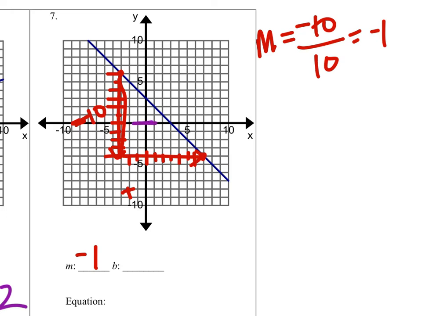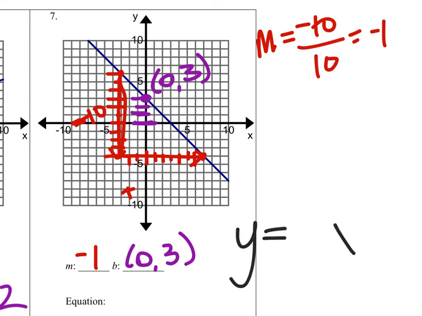Well, I just need to look at my y-axis, and we can see the line is crossing the y-axis right here. Just what is that point? Well, again, the x value is 0, but what's the y value? 0, 1, 2, 3. Bam, it's (0, 3). So we'll write that in down here. And then what's the equation? It should be y equals something x.